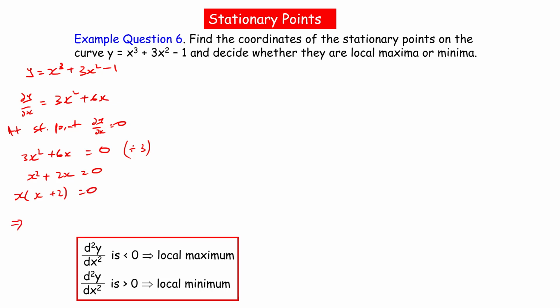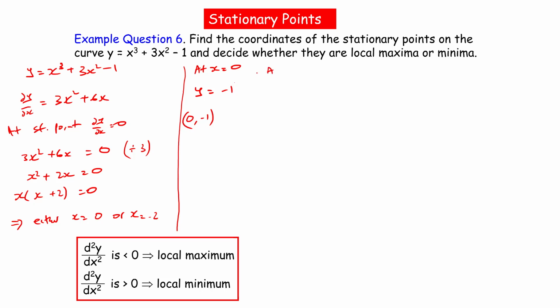So that implies then that either x is equal to 0 or x equals minus 2. So we can now find y. At x equals 0, y is going to be equal to 0 plus 0 minus 1, so minus 1, which gives us 0, minus 1.